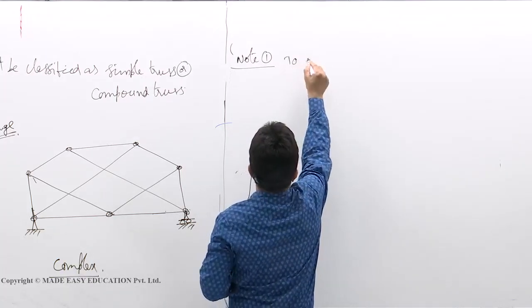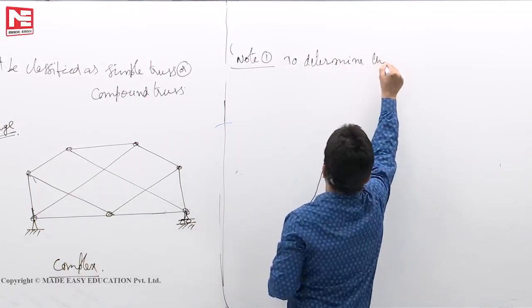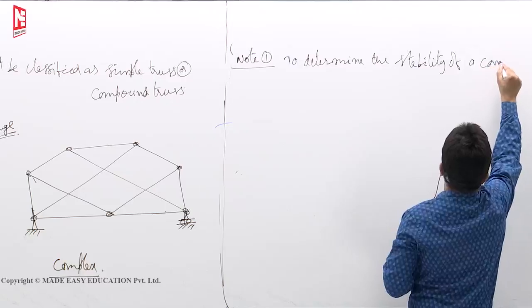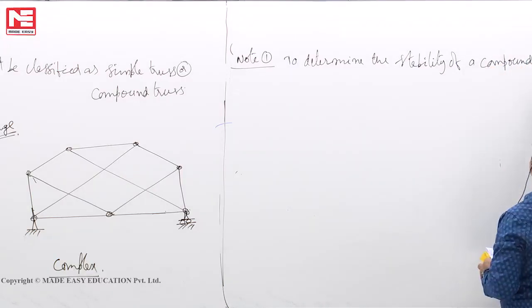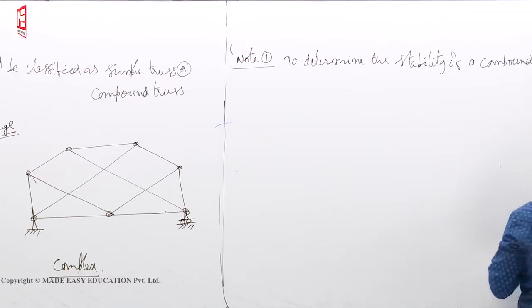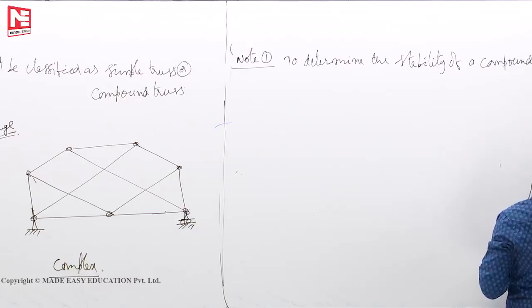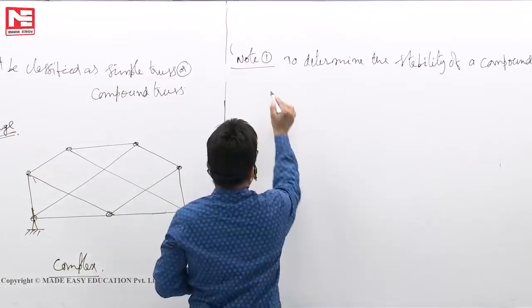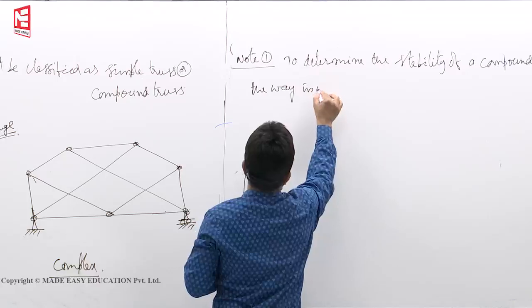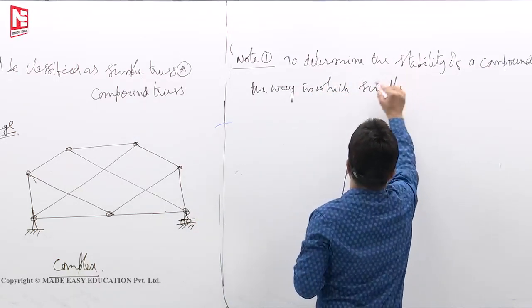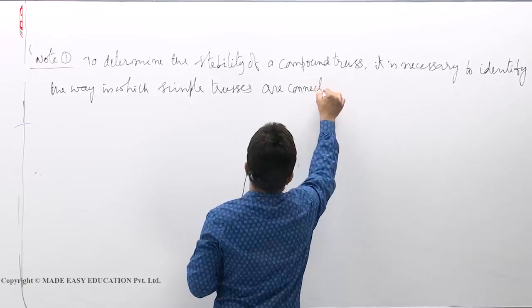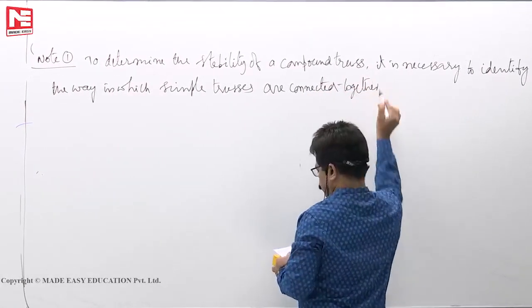To determine the stability of a compound truss, it is necessary to identify the way in which simple trusses are connected together. What we have done?